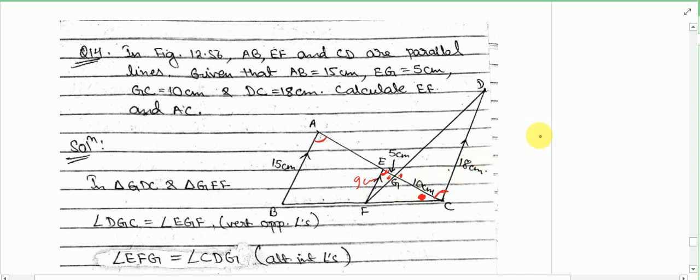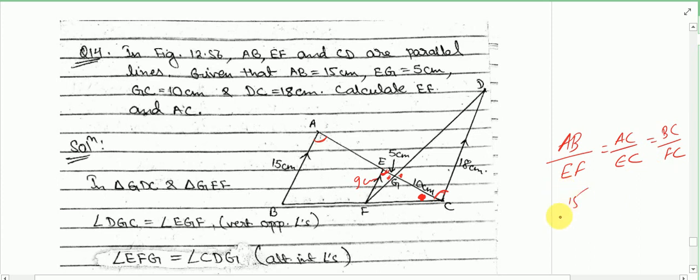and corresponding sides are going to be proportional. So if I take AB, corresponding to AB will be EF. Then if I take AC, corresponding to AC will be EC. Then BC corresponds to FC. Now substitute the values.